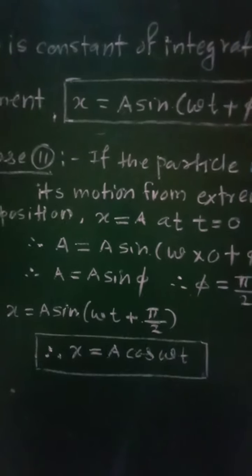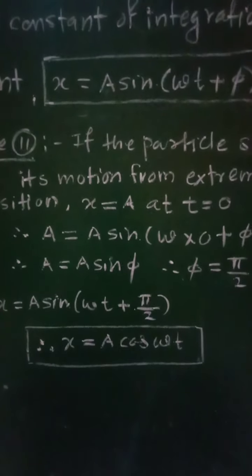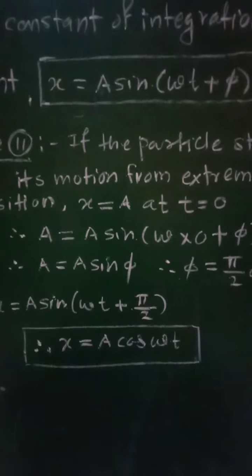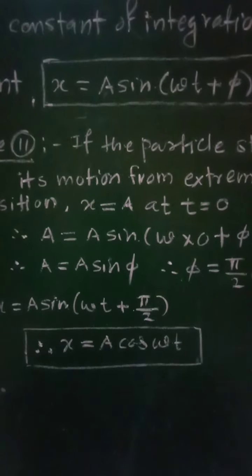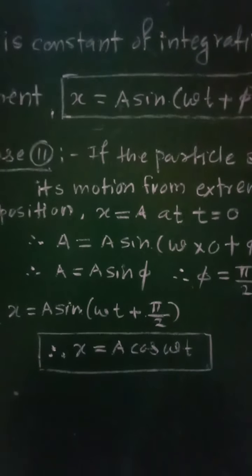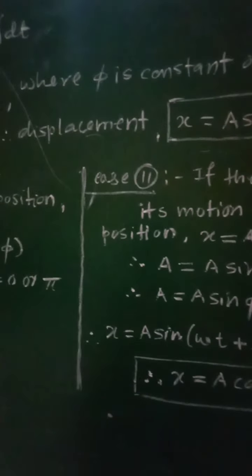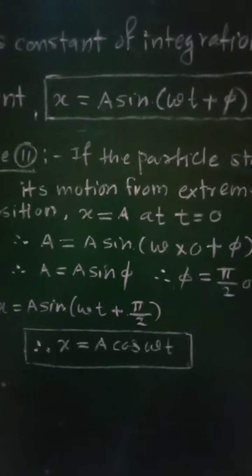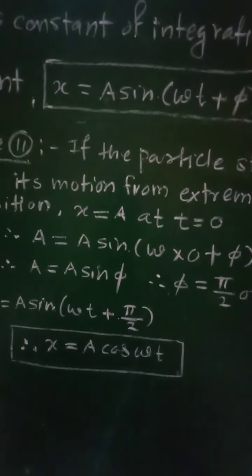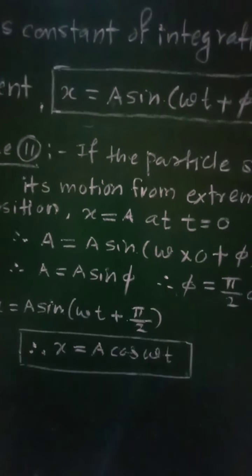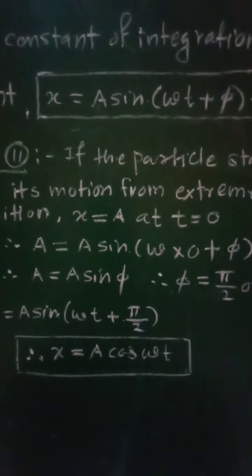Therefore, from the first case and this second case, we can say that if the particle performing linear SHM starts its motion from the mean position, then displacement x is equal to a sin omega t, and if the particle starts its motion from the extreme position, then x is equal to a cos omega t.